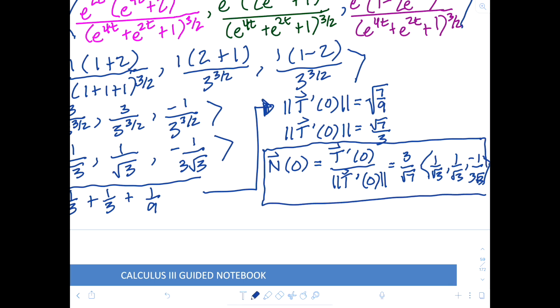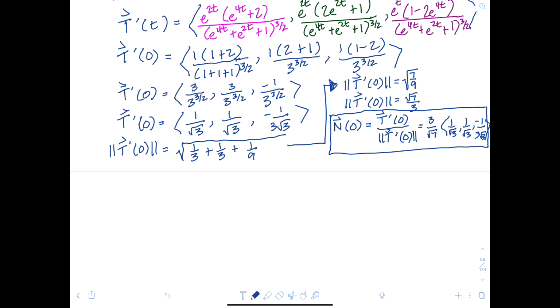We now need to find our A_T and our A_N, right? So we found T at 0, we found N at 0. So A sub T, remember at t equal to 0, we'll get A sub T is equal to the acceleration vector at 0 dot T at 0.